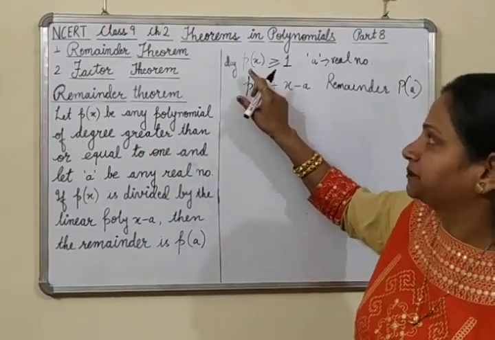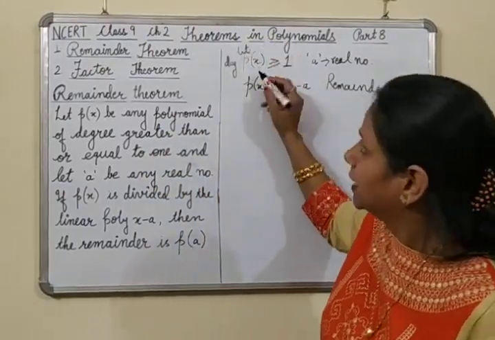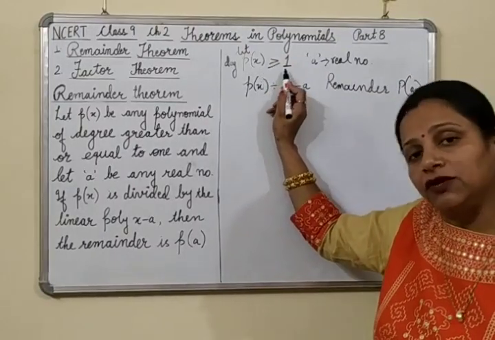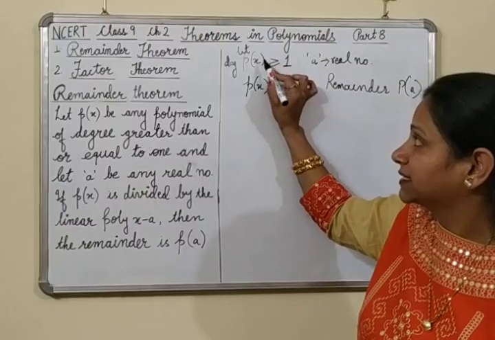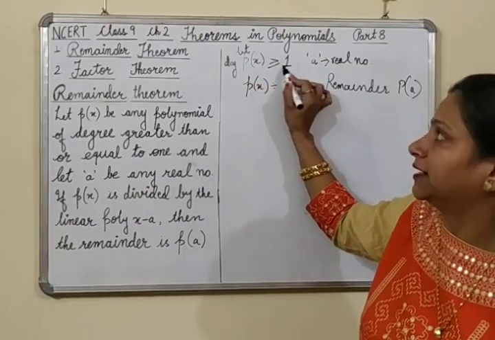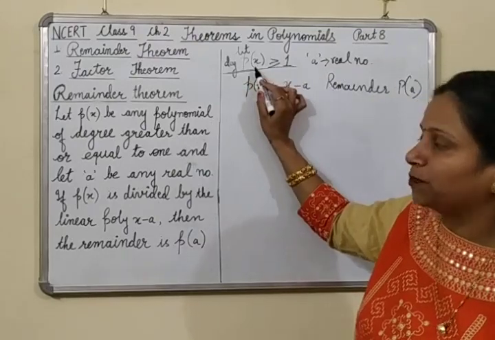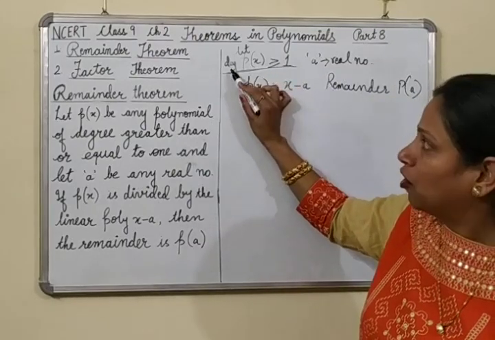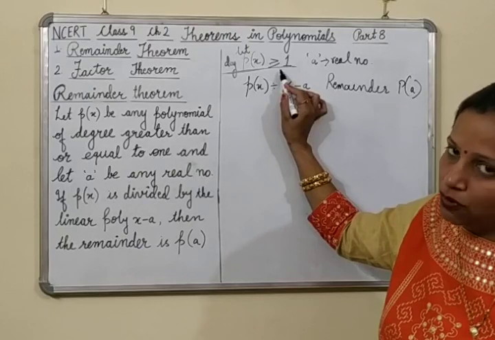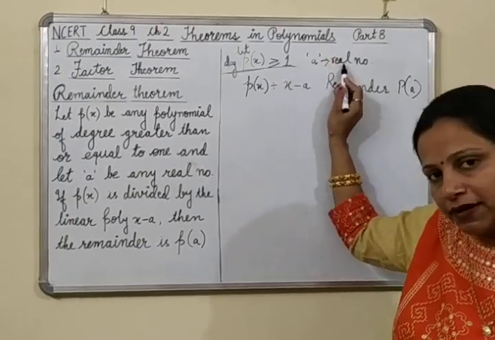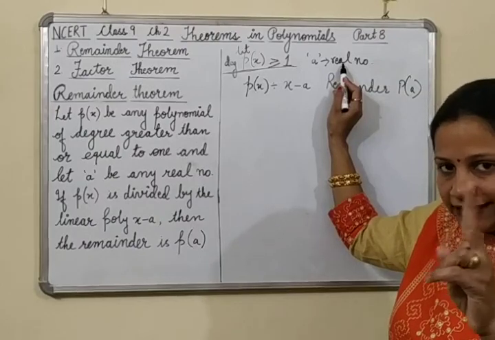Let P(x) be any polynomial of degree greater than or equal to 1. Can you read this statement? Let P(x) be any polynomial of degree greater than or equal to 1. Again, let a be any real number. हो गया, दो बार let किया हमने.